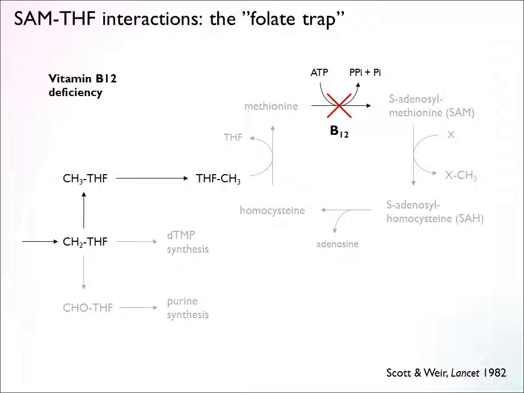In this case, you will deplete folate-bound one-carbon units because you have a problem in the SAM cycle. So these are two tightly connected metabolic systems that handle one-carbon units.